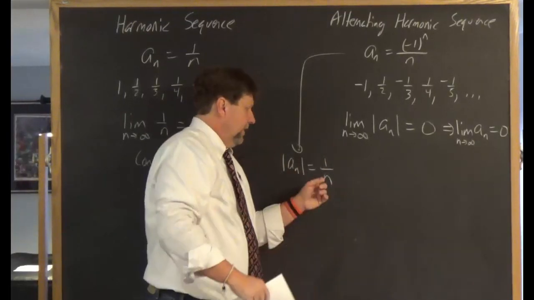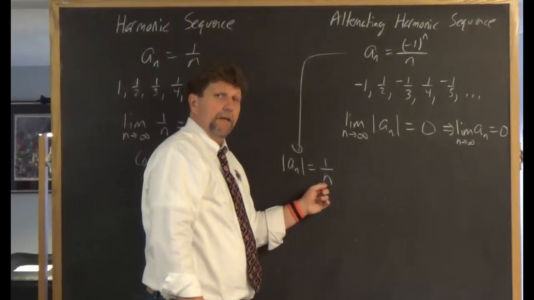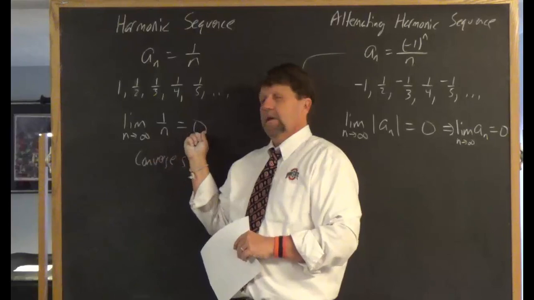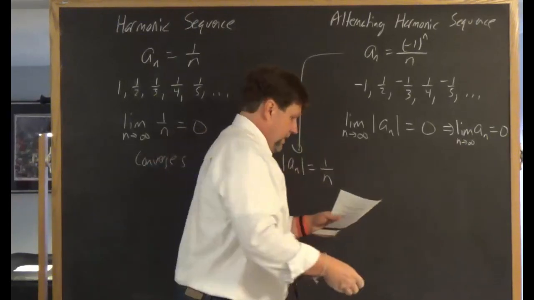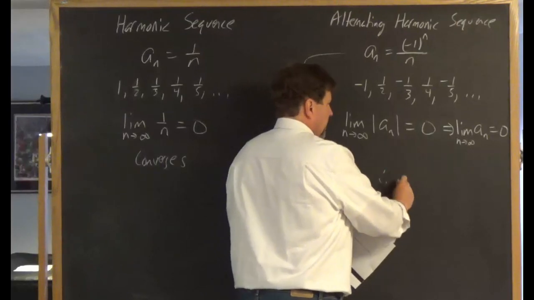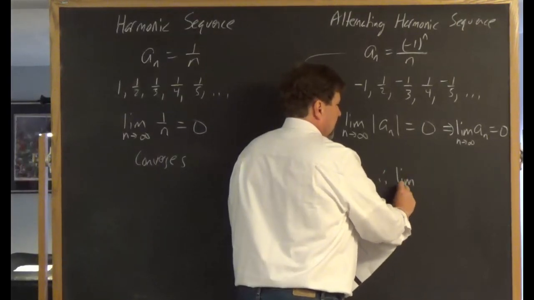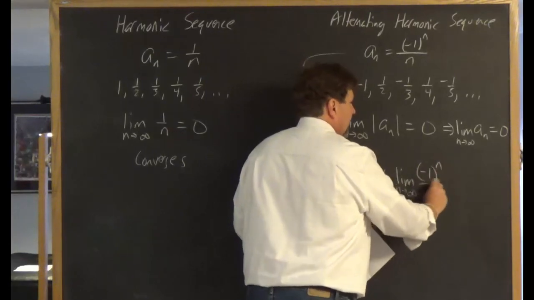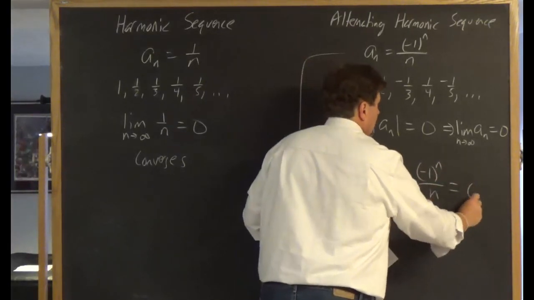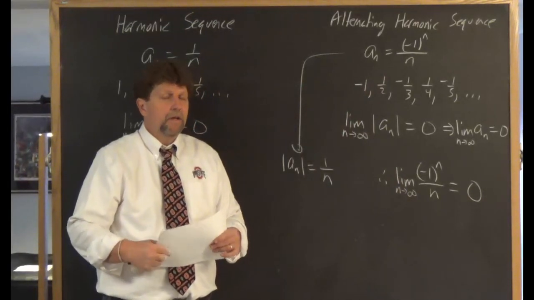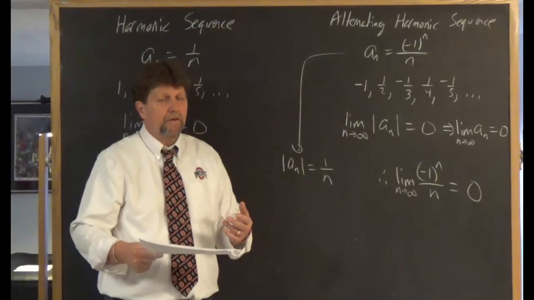And since we know the limit as n goes to infinity of the harmonic sequence is 0, we conclude, thanks to the absolute value theorem, that the limit as n goes to infinity of the alternating harmonic sequence is 0. So that's the power of the absolute value theorem.